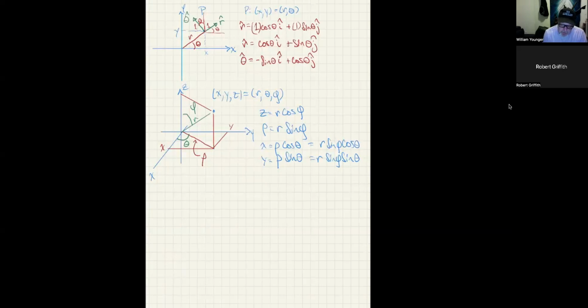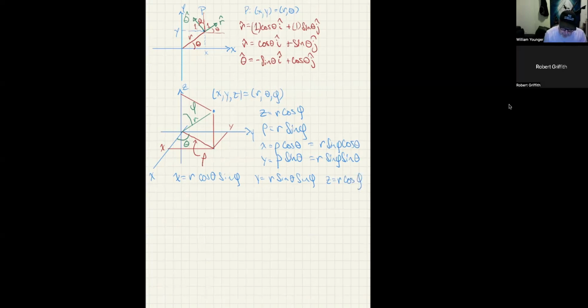I'm going to say that X is equal to R cosine theta sine phi, and Y is equal to R sine theta sine phi, and Z is equal to R cosine phi. Okay.